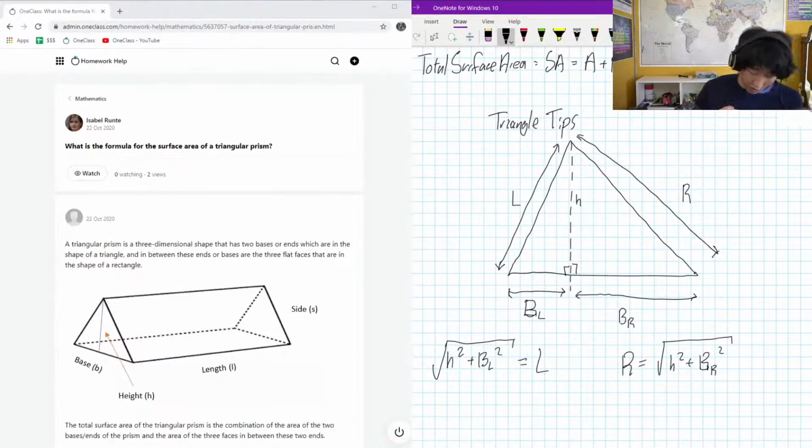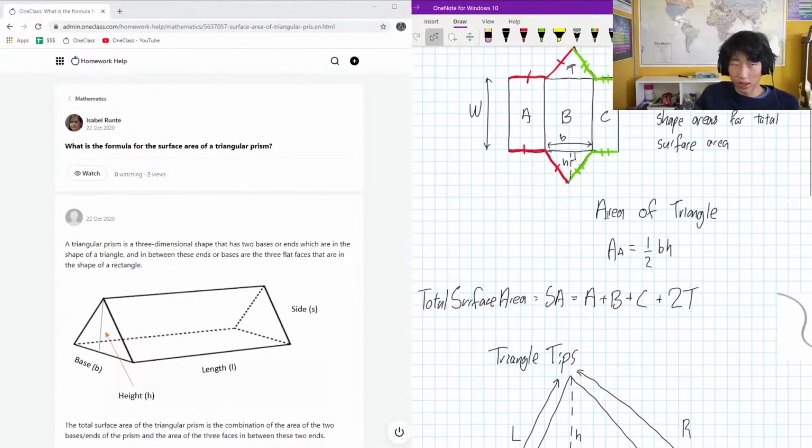Okay, so you might need to also incorporate some of the angles. So if here we have angle R and here we have angle L, we can use these with trigonometry as well to help us solve for h if we're not given it.